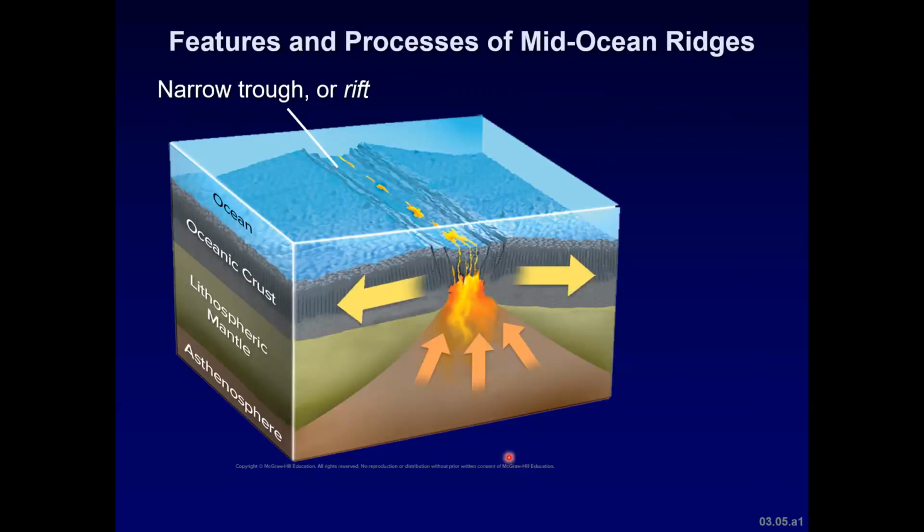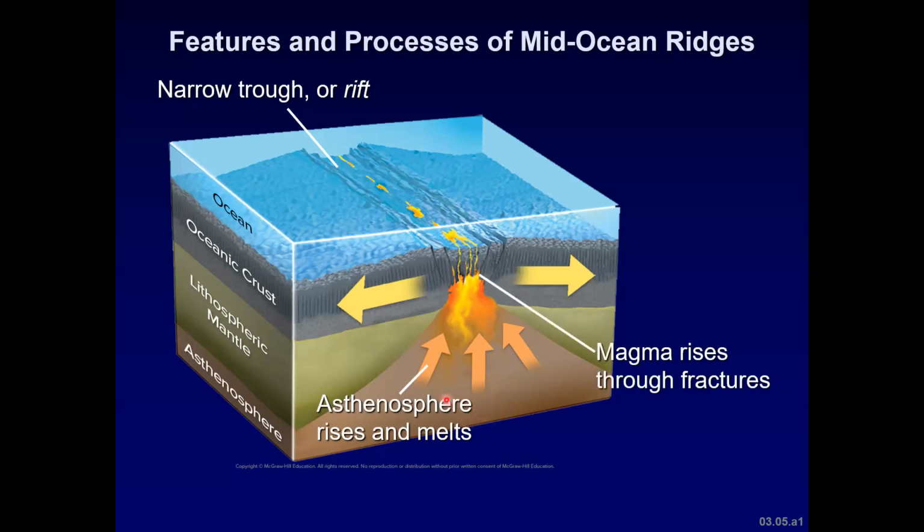Let's talk about features and processes of mid-ocean ridges. The center is a narrow trough or a rift. It's formed by spreading and faulting. The solid asthenosphere rises to fill the gap, and it melts as it rises. Magma rises through fractures formed by spreading.